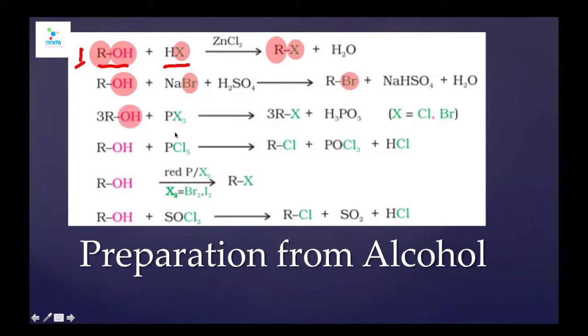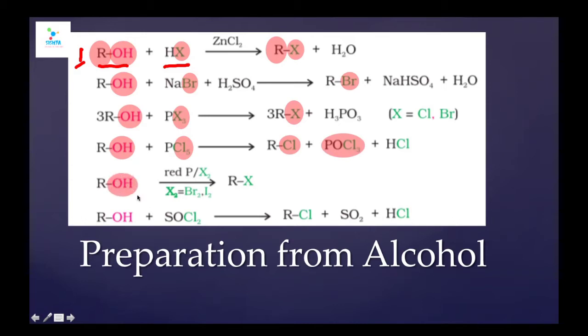Similarly, ROH in the presence of phosphorus trihalide, P representing phosphorus, gives the product RX. In the fourth one, the OH functional group is replaced by halide using phosphorus pentachloride or phosphorus pentahalide, which leads to POCl3 and RCl.